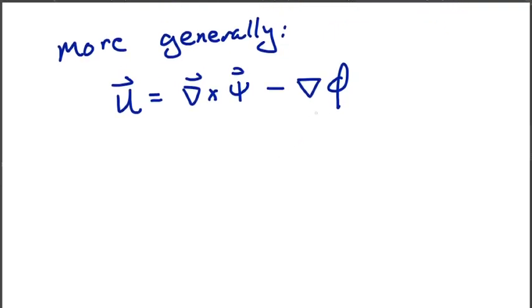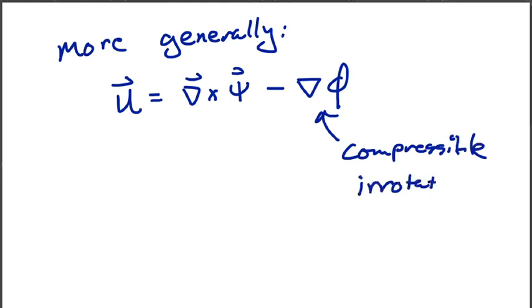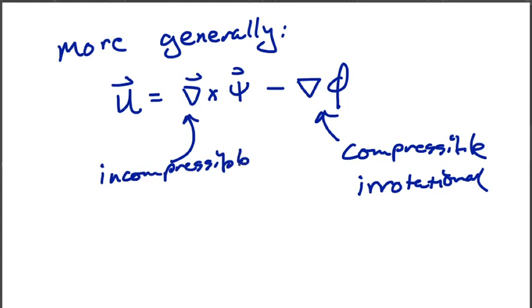And here we have a bit that's compressible but irrotational. And we have a bit here that's incompressible but has vorticity, but is vortical.